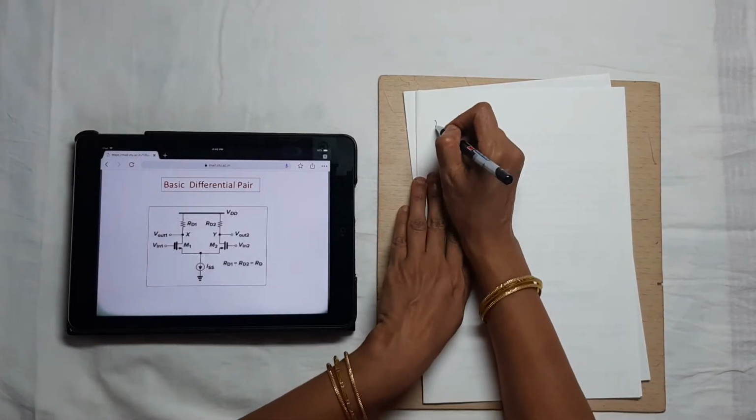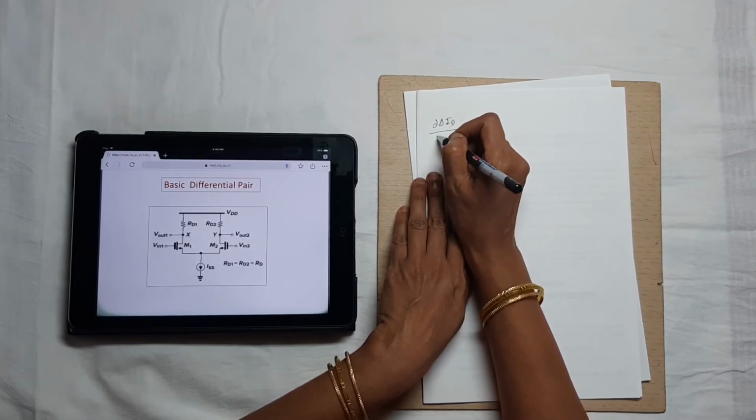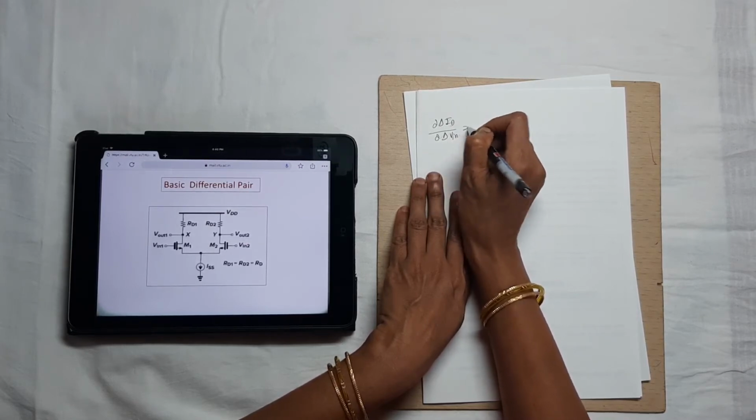Now differentiate: dou delta ID by dou delta Vin.